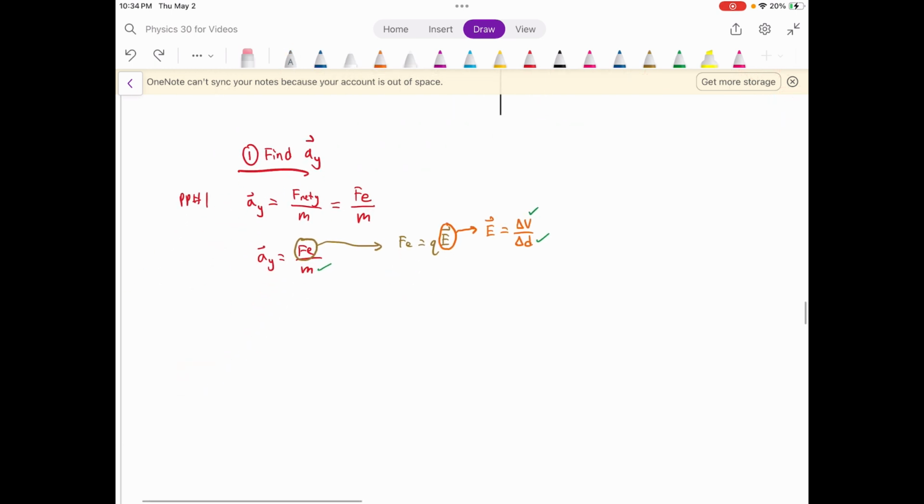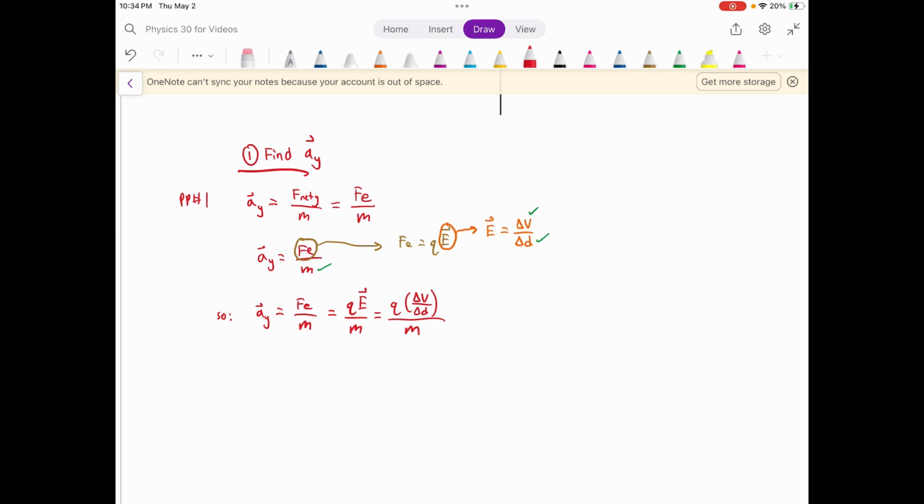But let's just put these ideas together here. The acceleration in the y-axis is the electric force divided by the mass of the electron. But the electric force is just the charge of the electron times the strength of the electric field, divided by the mass. But the electric field is just the voltage, or the potential difference, divided by how far apart those plates are, divided by the mass.